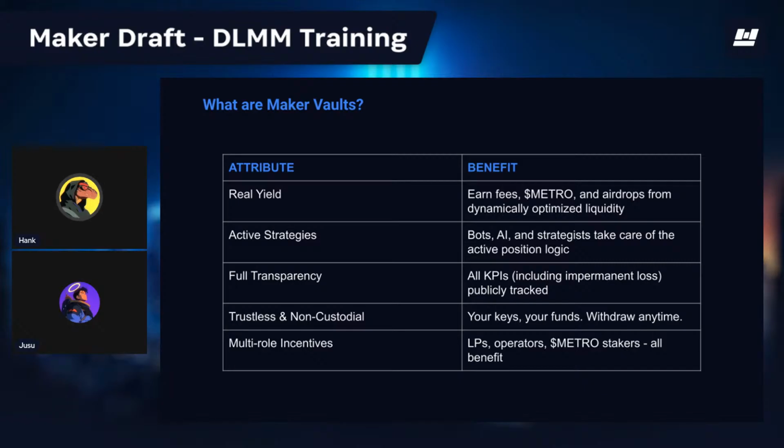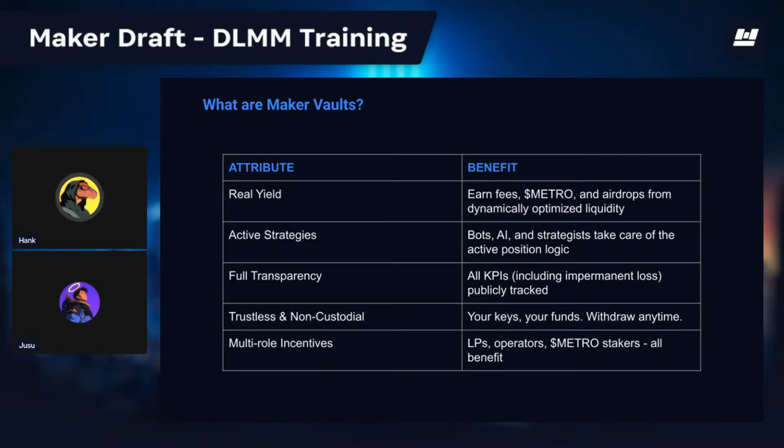And I want to emphasize everything is included in those KPIs. We try to make it as transparent as possible. So also things like impermanent loss, which you might have heard of, are all shown there. So you have really a full picture. The vaults are trustless, non-custodial. That means nobody else has access over your funds. It's your keys, your funds. You can withdraw anytime.